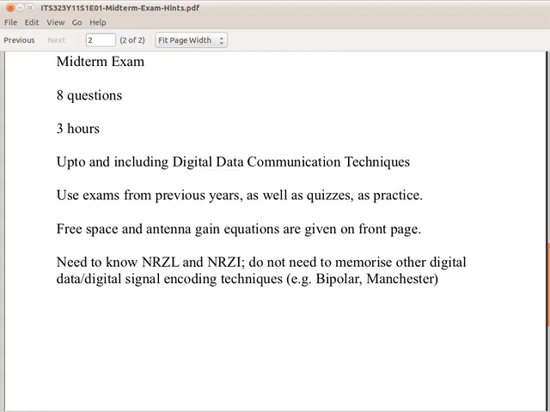So use the past exams. Sometimes the questions change, sometimes they don't. Sometimes they're similar to the past exam, sometimes there's a few questions which are completely different. But covering the same concepts that we've seen in quizzes, in examples, and you'll see in past exams.